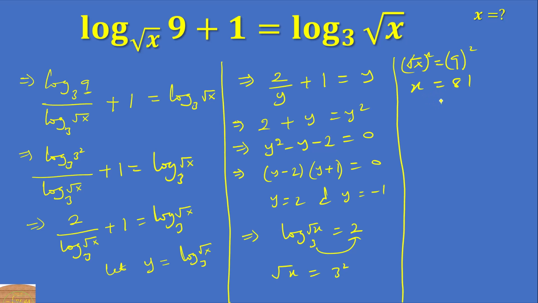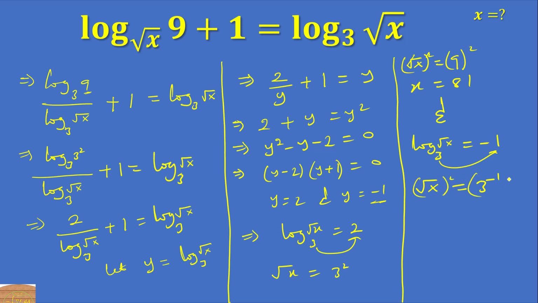So let's look at the next one. So the next one is minus 1. So log root x to base 3 is minus 1. So this one will raise this. So it will be root x equals 3 to the power minus 1. Okay, so let's square both sides.